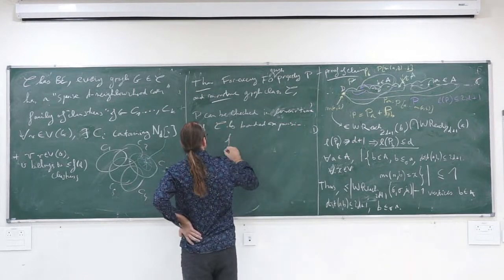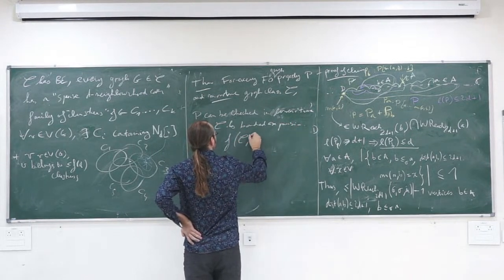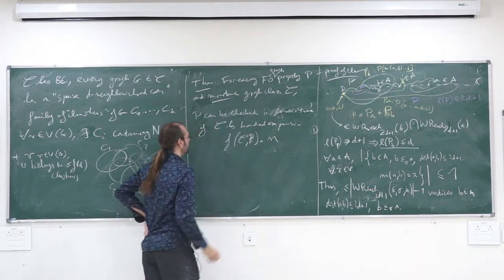That means you will have some function of the class and your property, times n.